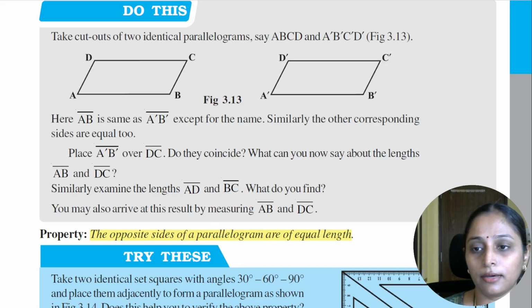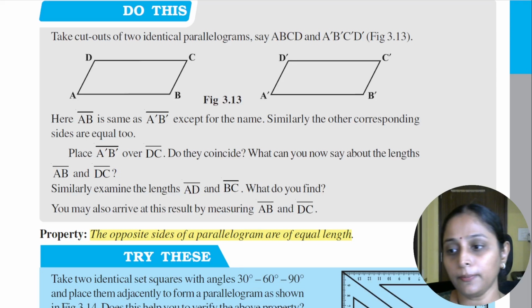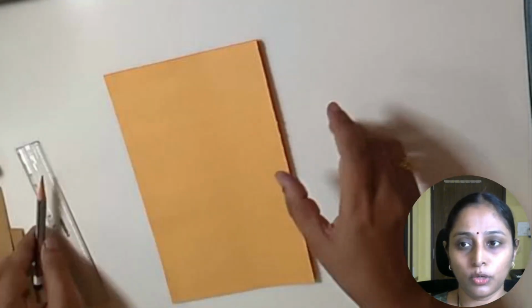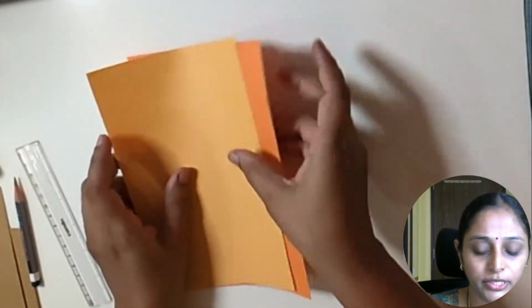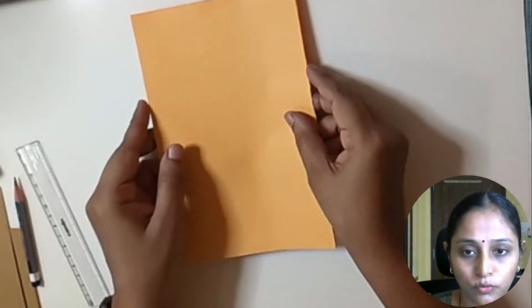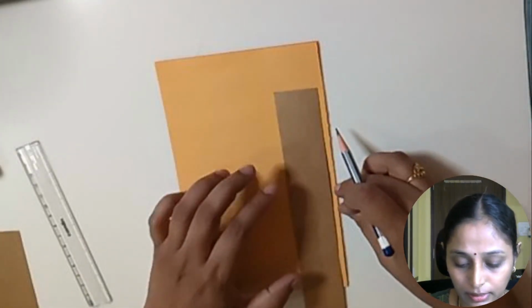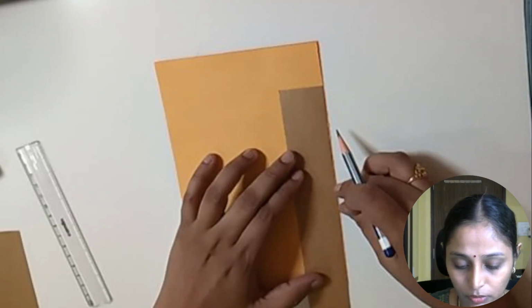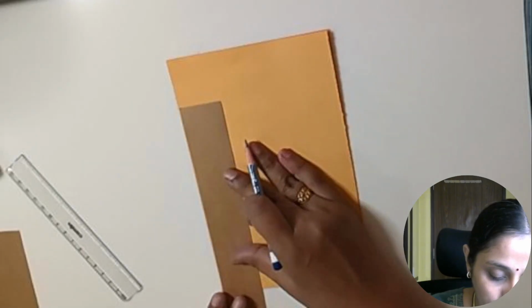So let us first take two congruent parallelogram cutouts using two different color sheets. I already have two different color sheets. I will place them one over the other like this, right? I'll use the same cardboard strips that I already have. Okay. And I will use one of the edges.